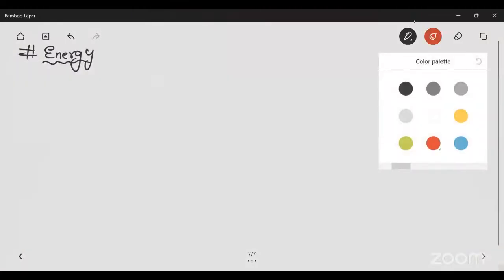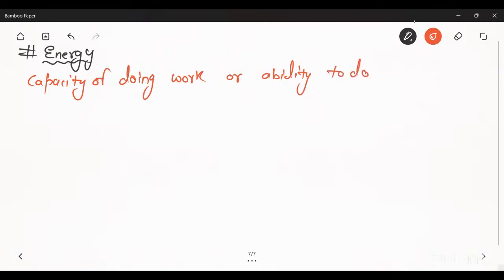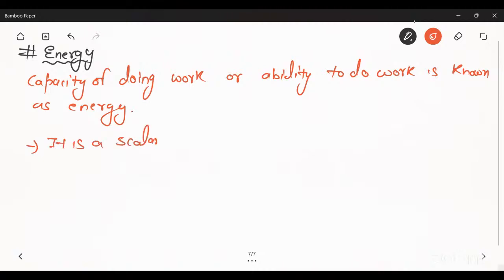The capacity of doing work, or ability to do work, is known as energy. It is a scalar quantity.